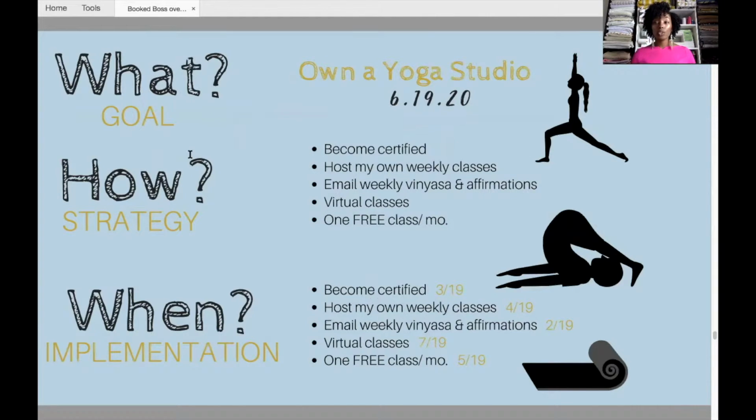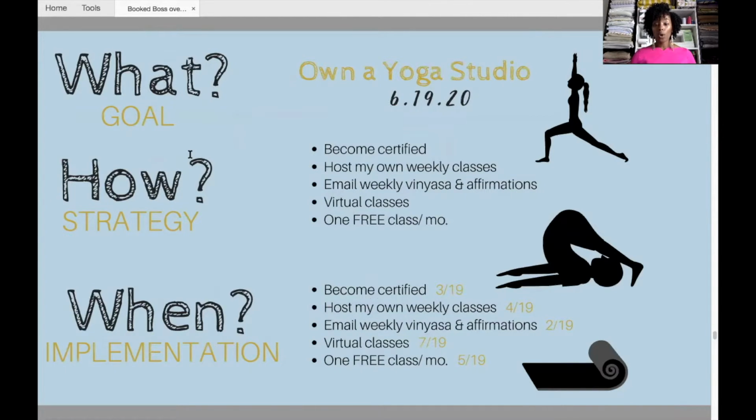I'm also gonna do virtual classes because of what? We have things like video conferencing, right? So that was a form of communication. So was email. We talked about this, guys. And then I'm gonna offer one free class a month. So I can have people meet me at all the different locations that I teach classes, or do it virtually.